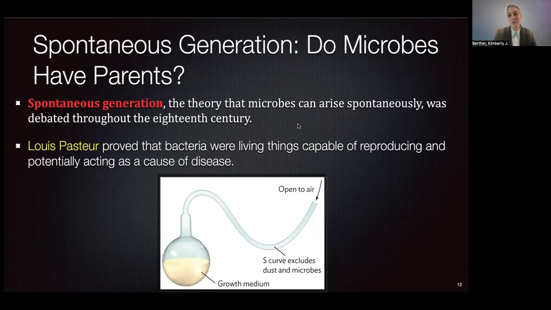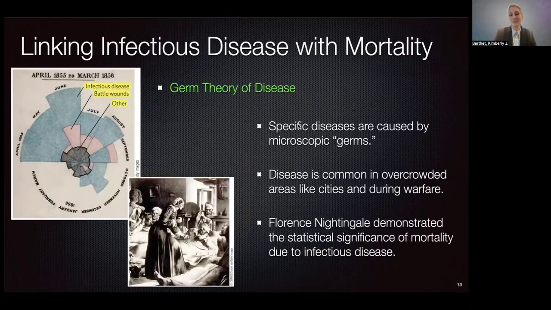When it comes to fly larvae, what we're seeing though is that they were microscopic. Because we couldn't see them, we just assumed that they appeared out of nowhere. We weren't able to see the microscopic reality of the situation. So Louis Pasteur's experiment disproved spontaneous generation and proved that life comes from pre-existing life.